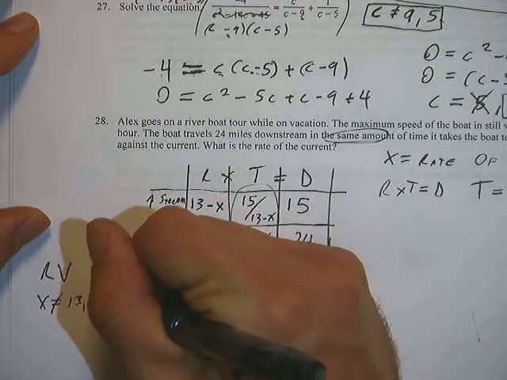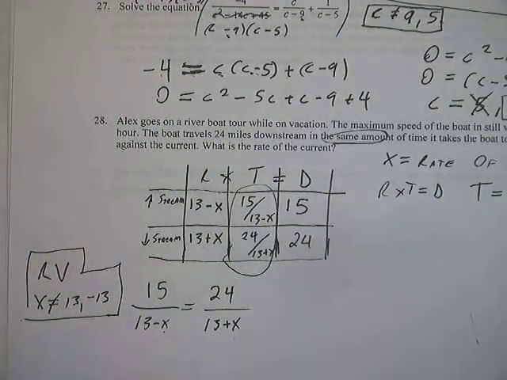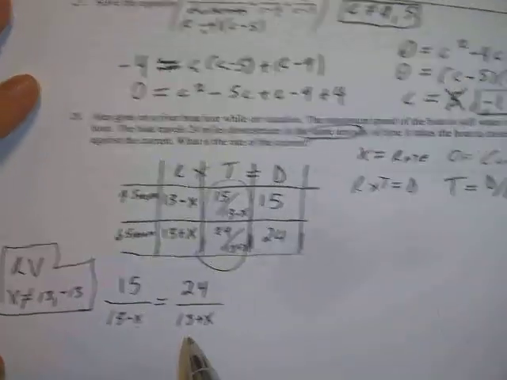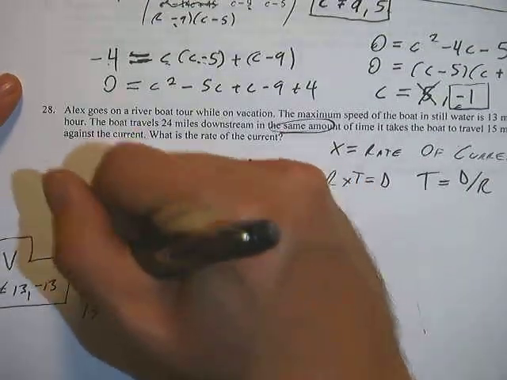And so the question is, what are my restricted values? I'm going to write those over here. What can x not equal? Well, it sure can't equal 13 or negative 13. It wouldn't make much sense for it to be going negative 13 miles per hour anyway.